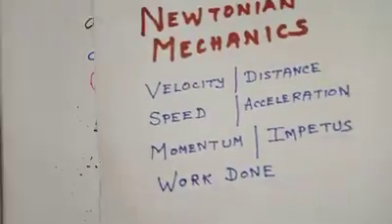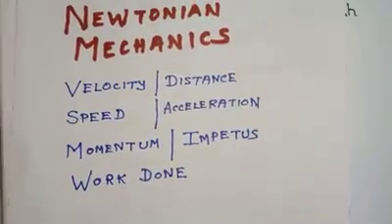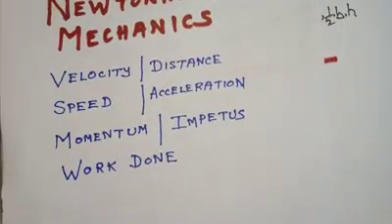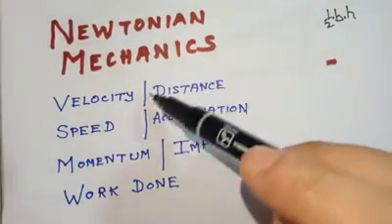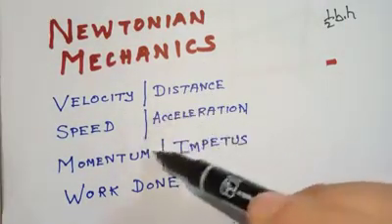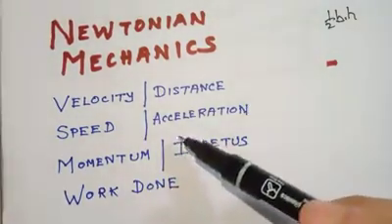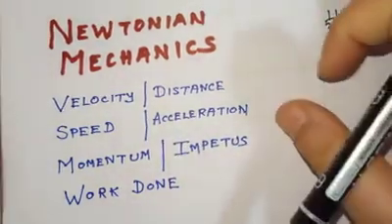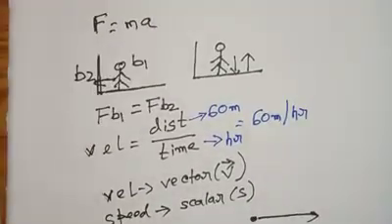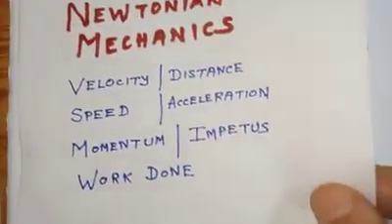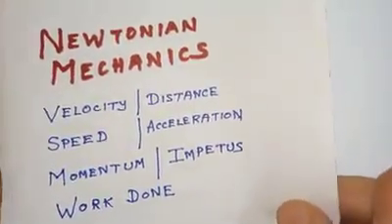That brings us to the end of the video. It was a longer one. We have almost covered all the concepts of Newtonian mechanics: velocity, distance, speed, acceleration, momentum, impetus, and work done. We started here and we end here, with F equals ma.